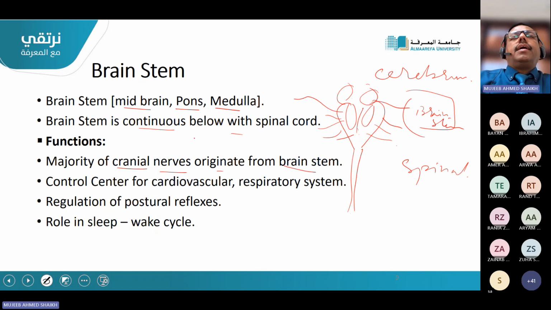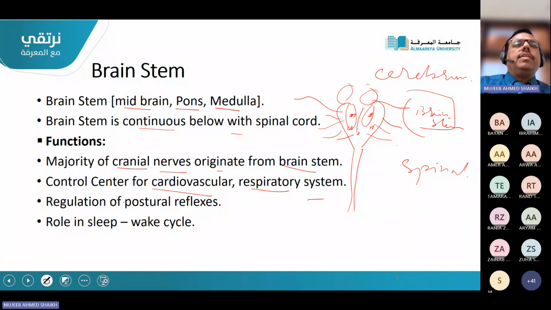There are also centers in the medulla oblongata which are responsible for controlling the activity of the cardiovascular system, respiratory system, and also digestive system. So cardiovascular and respiratory control centers, regulators, are here in the medulla oblongata or in the brainstem.